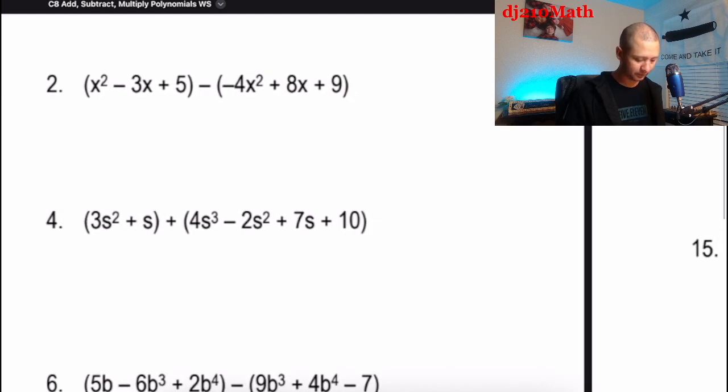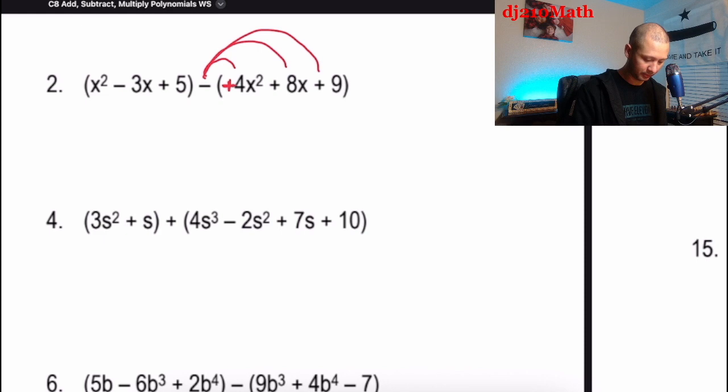Subtracting is a little bit more involved, particularly because this negative has to distribute to each term in the second polynomial. And then once you distribute the negative, you basically combine the like terms at that point. So this is going to be plus.